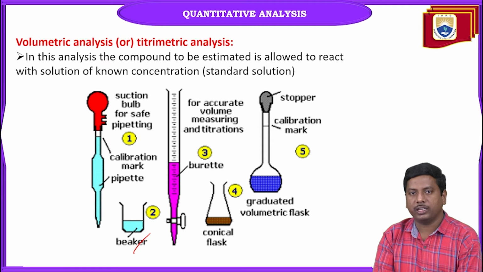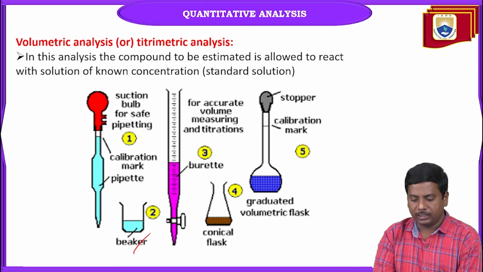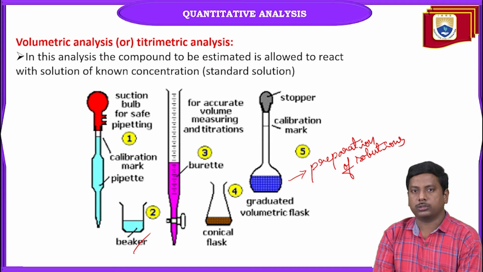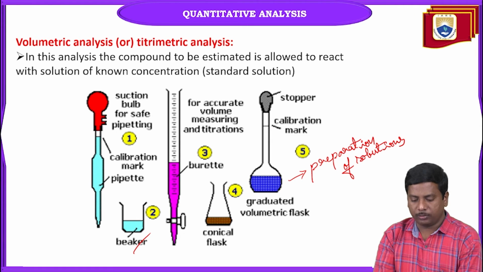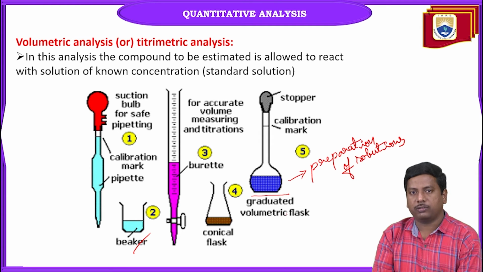This is applicable for the preparation of solutions. There is also a stopper for closing the cap, and there is a calibration mark. So this is applicable for colored solutions and colorless solutions. At the bottom there is a flat-bottom flask. That's why it is called a graduated volumetric flask.